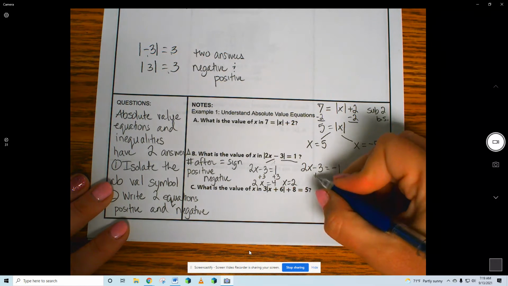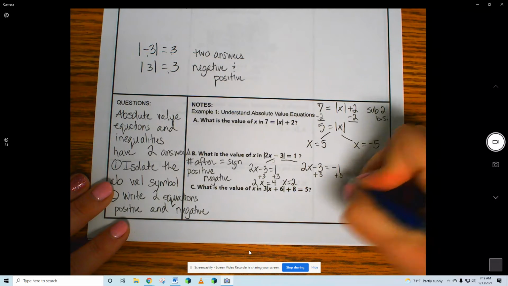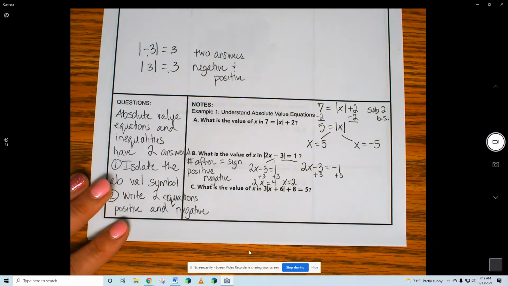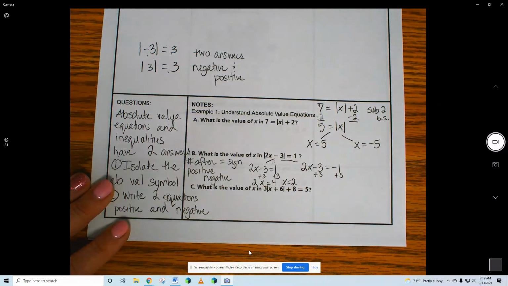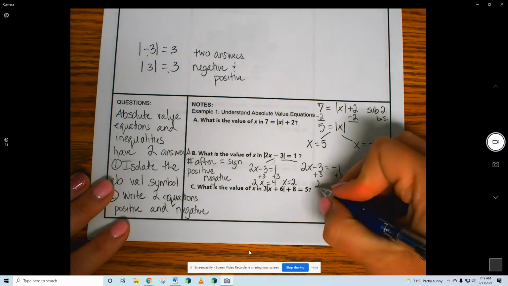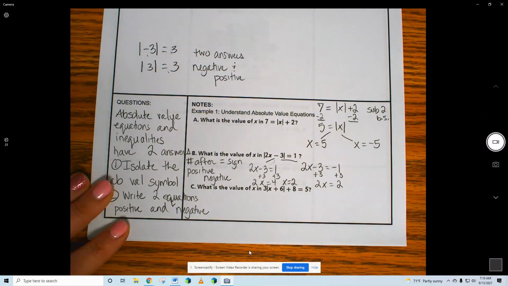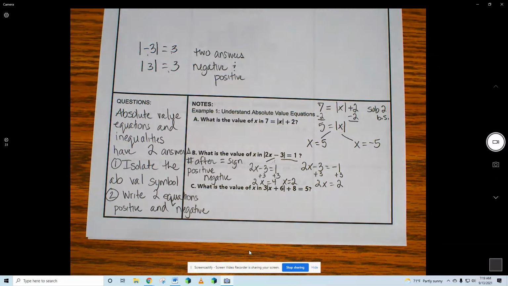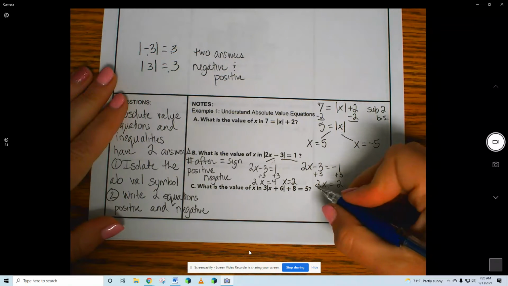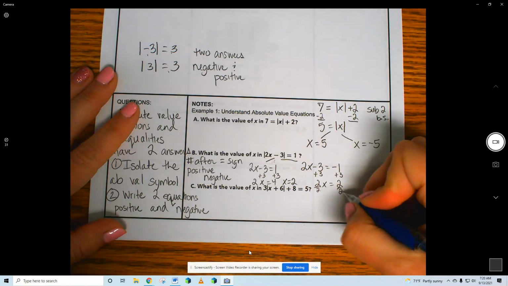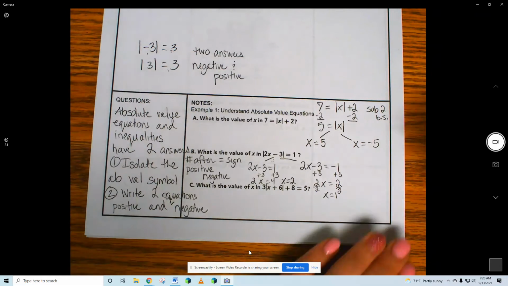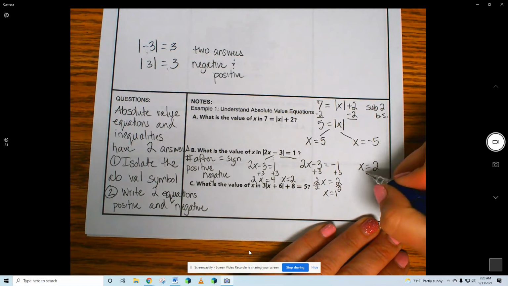Then I solve the right-hand side, negative 1. Negative 1 plus 3 is 2, so 2x equals 2. Divide by 2, x equals 1. So my 2 answers are x equals 2 and x equals 1.